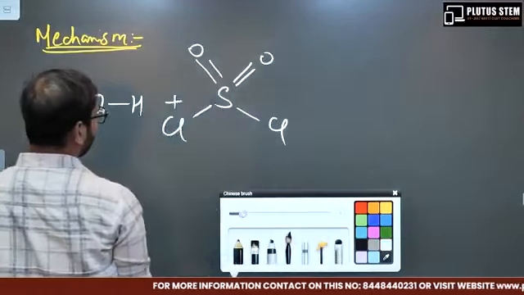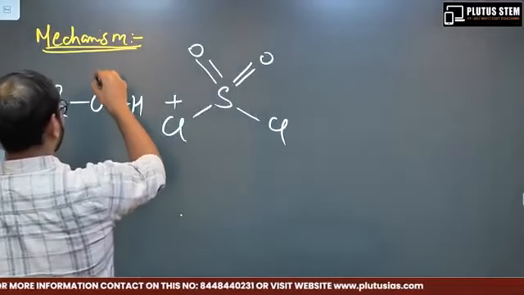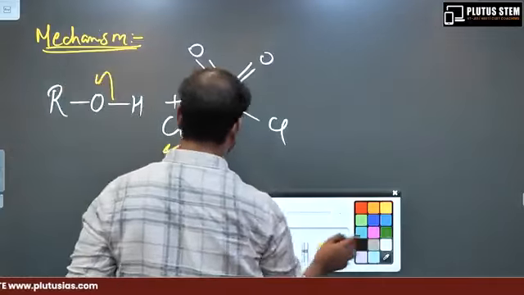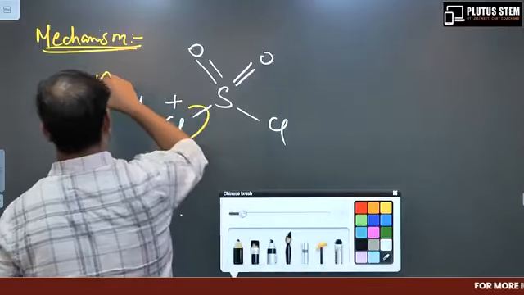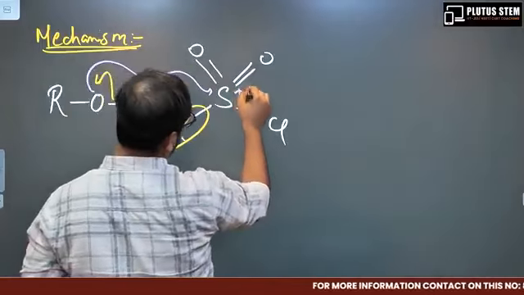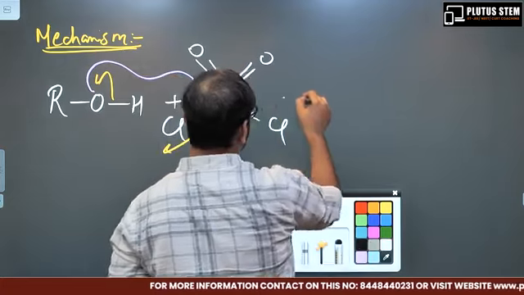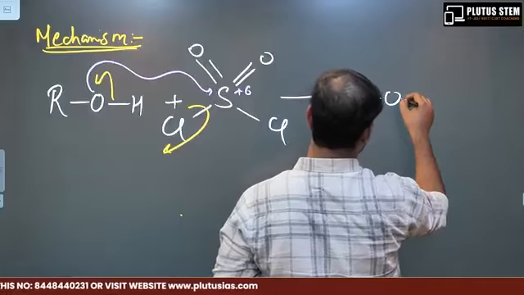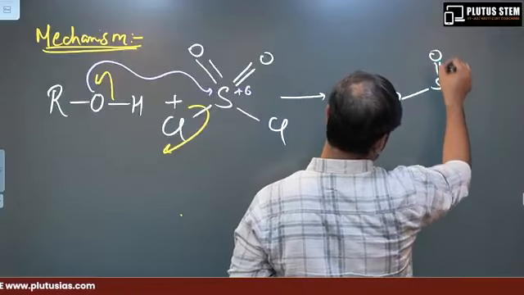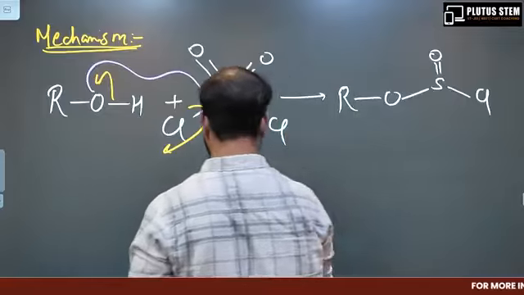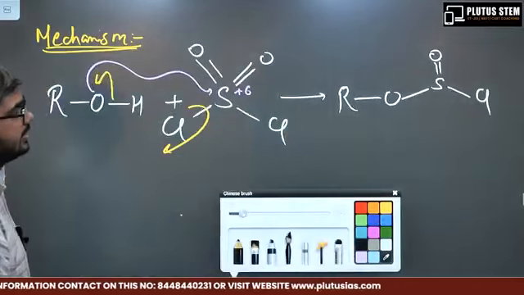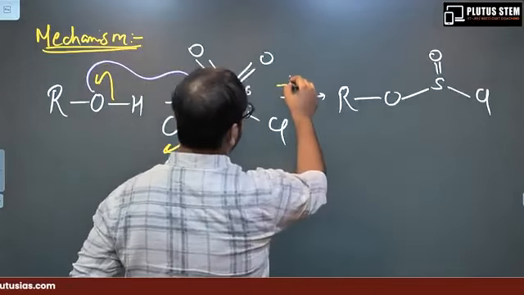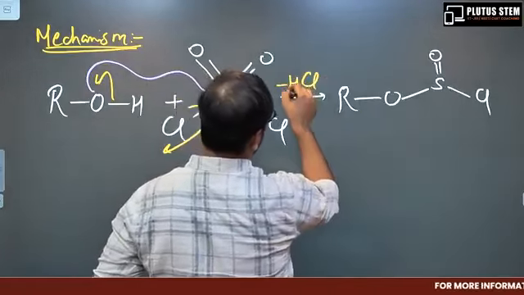Here, chlorine being a good leaving group, and oxygen being highly electronegative, pulls the electron density from the hydrogen, Cl gets removed and it attacks the electrophilic sulfur which exists in the +6 oxidation state, and it forms ROS=OCl. So here you can see this is the first step of the reaction and there is no carbocation intermediate that is formed here. And we have already removed one of our byproducts, HCl, here.